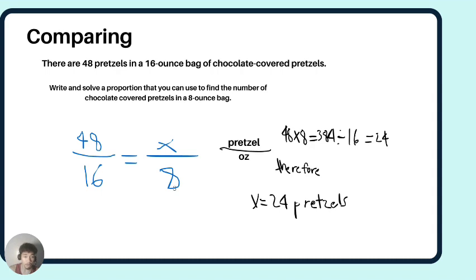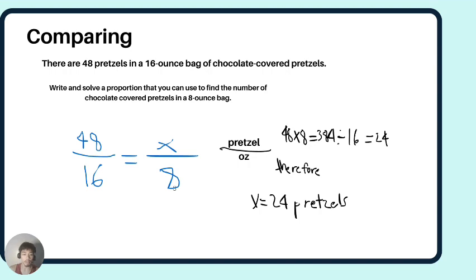We will use the cross method, where 48 pretzels over a 16-ounce bag of chocolate-covered pretzels equals the unknown number over the 8-ounce bag.